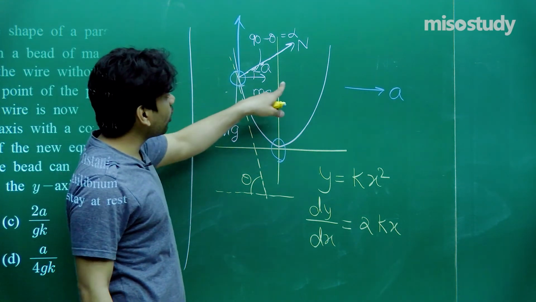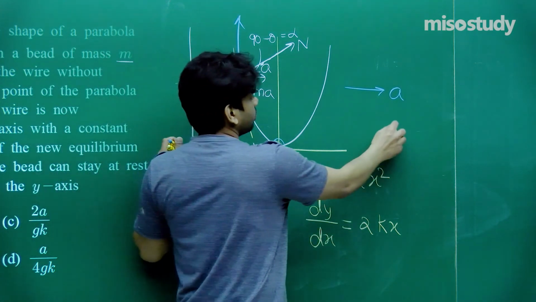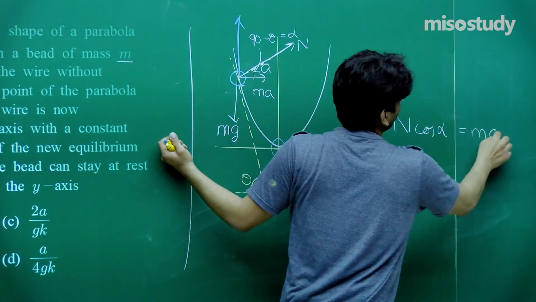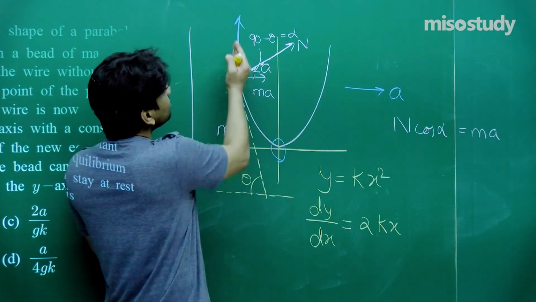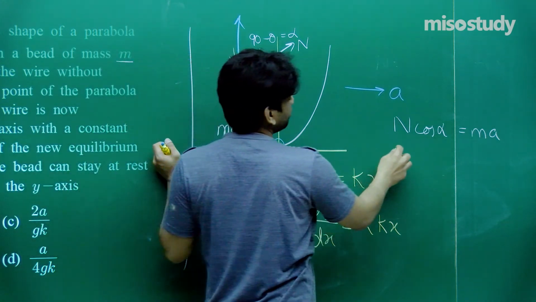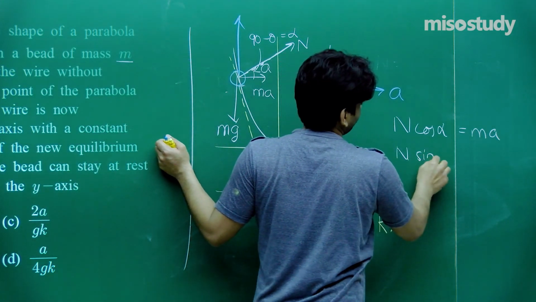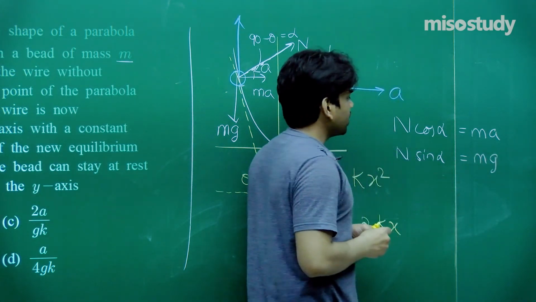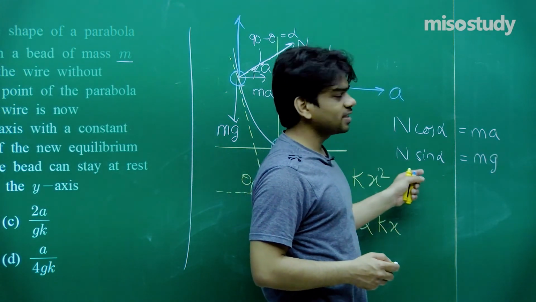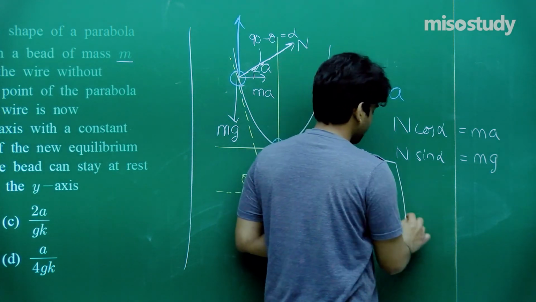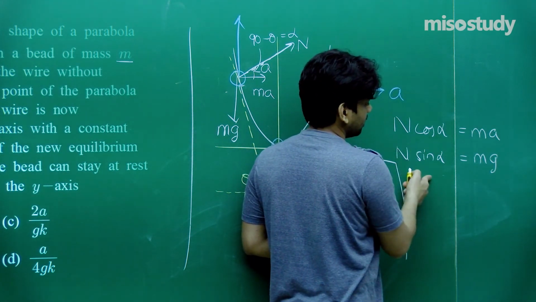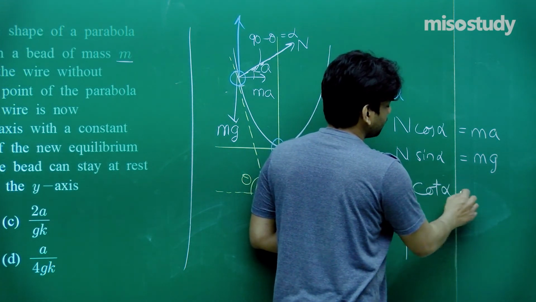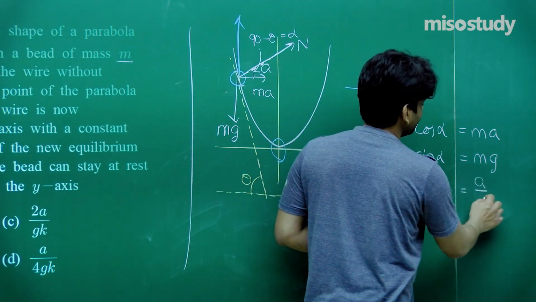So we can write N cos alpha equals ma, and N sin alpha equals mg. Now if we divide N cos alpha by N sin alpha, we will have cot alpha equal to a by g.